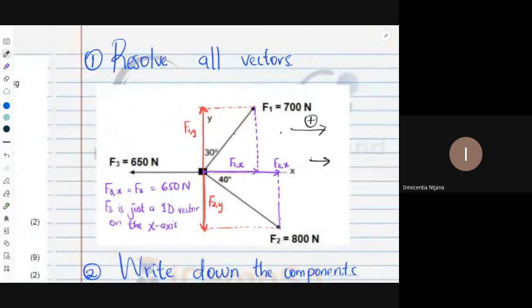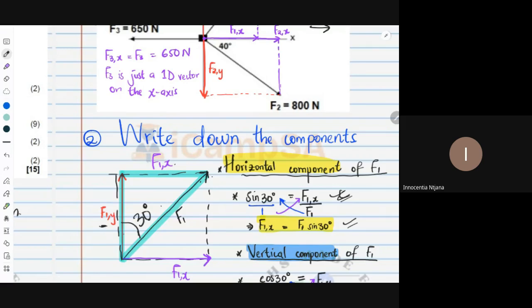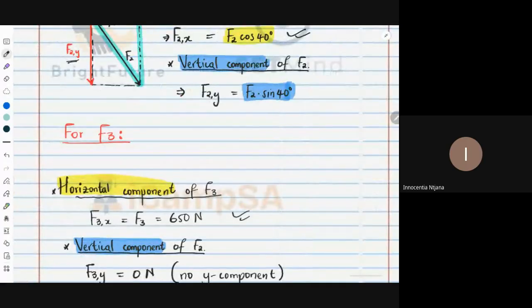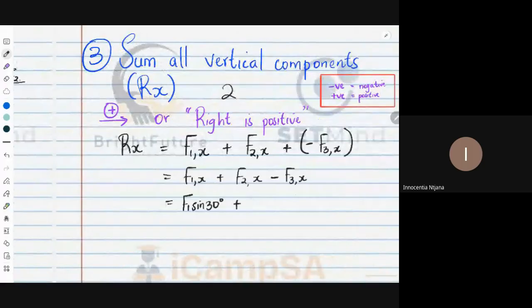F1x, let's go back and see what it is. We said F1x is F1 sine theta, this equation here. So let's go and sub it in. F1 sine 30 degrees plus, what is F2x? F2x is simply F2 cos 40, okay?